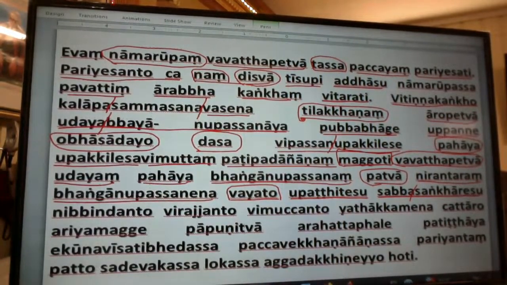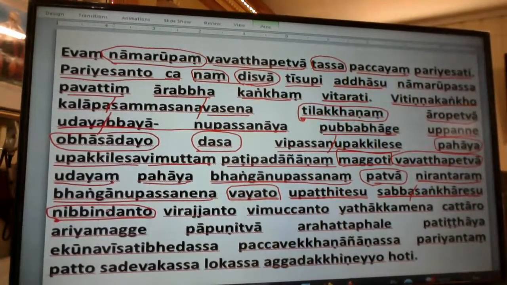Saṅkhāra here is nāmarūpa. All nāmarūpa, mentality and materiality. Bhayato, no enjoyment.